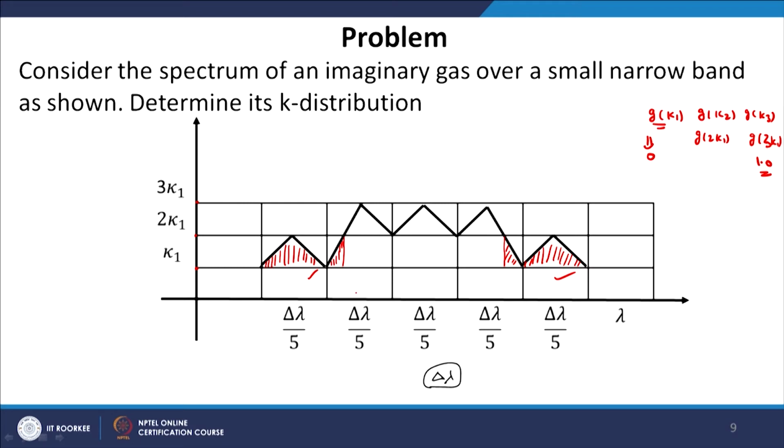Now, by simple trigonometry, the total width is delta lambda by 5. This width we can find using trigonometry. Let me show you. 2 times kappa 1 upon delta lambda over 10 is equal to, let us call this x, kappa 1 by x. So, this gives x equal to delta lambda by 20.